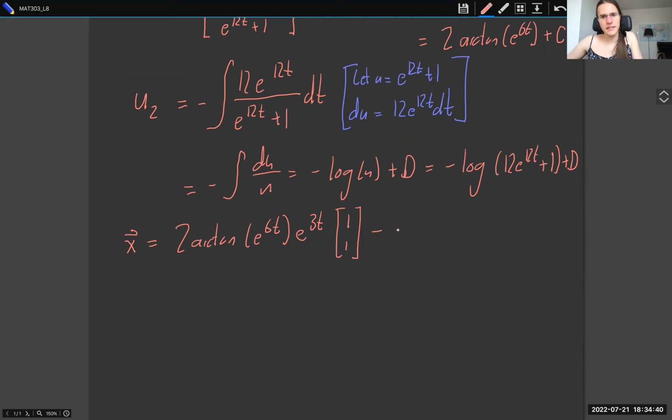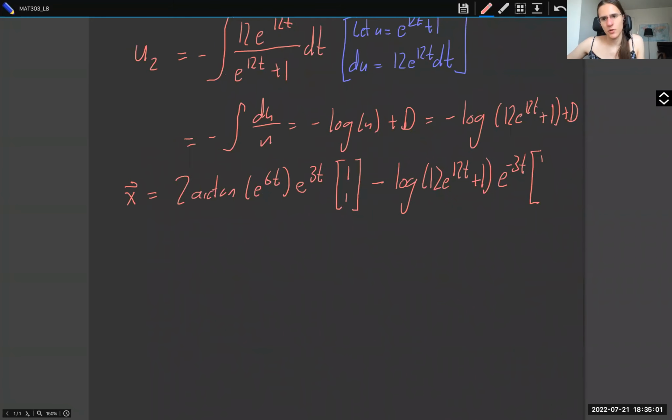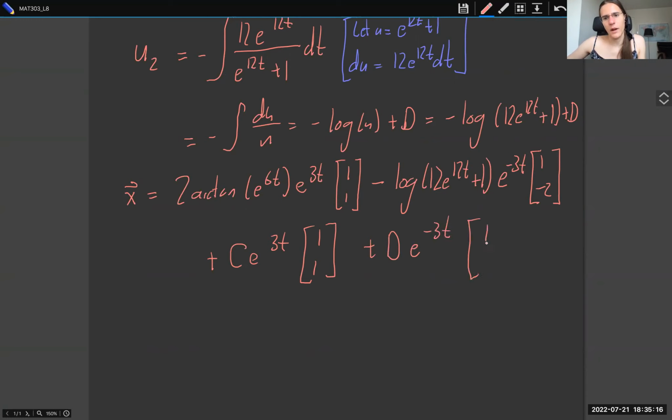Then minus, so I'm going to do the constants last. Then e to the minus 3t, and then we get the vector 1, minus 2. And then we get plus c e to the 3t times 1, 1, plus d e to the minus 3t times 1, minus 2, right?